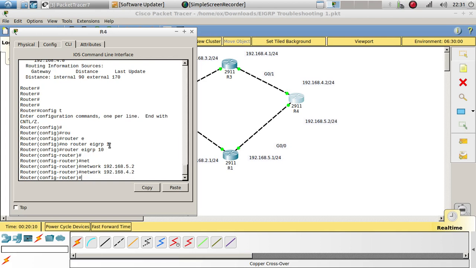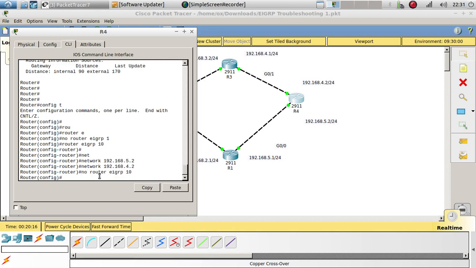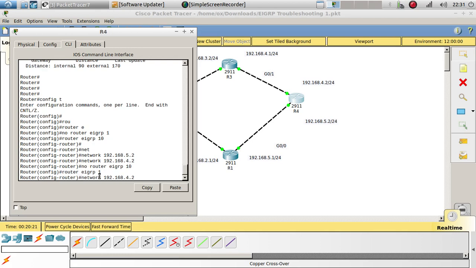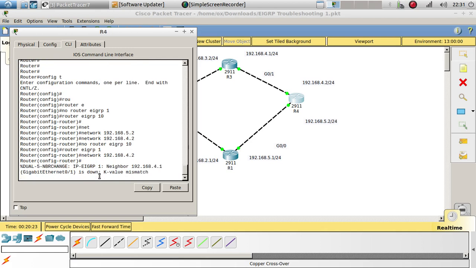Oops, I did it again. It's supposed to be autonomous system 1. So let's say no to 10. And let's add 1, and let's add network 4, and there we go. And then let's add network 5.